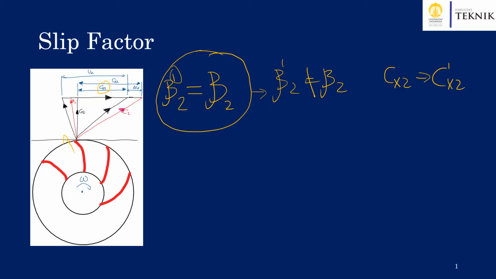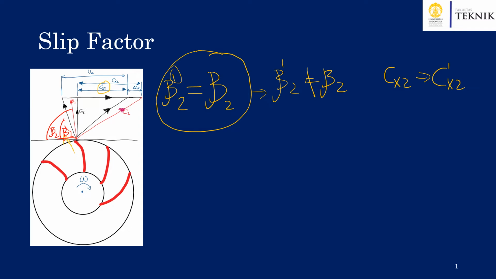If we want to draw the angles here, we have beta prime 2, and this is beta 2. Again, remember that the red velocity triangle belongs to the ideal conditions and the black one belongs to the actual conditions.